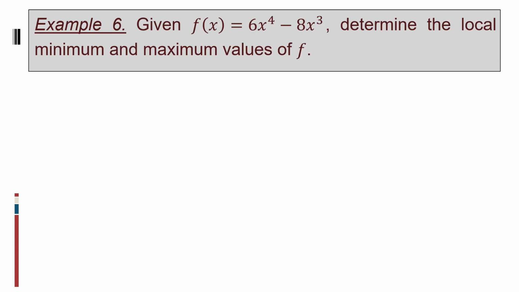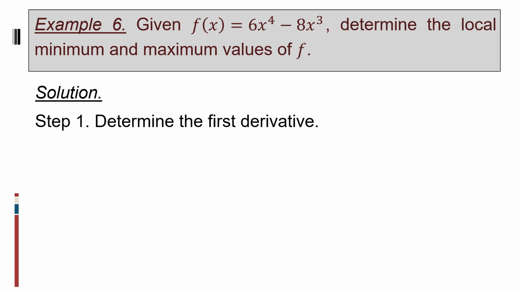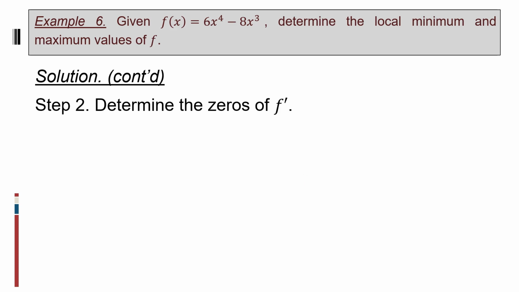For the last example, given f of x equals 6x raised to 4 minus 8x cubed, let's determine the local extrema values of f. So for our solution, we first determine the first derivative. So f prime of x now equals 24x cubed minus 24x squared. Next is we determine the zeros of f prime.